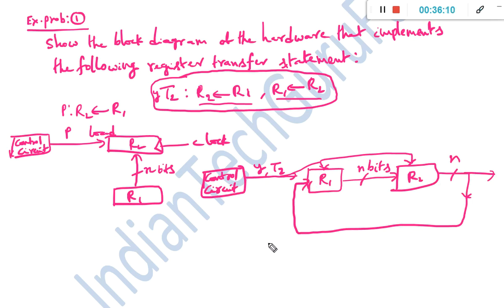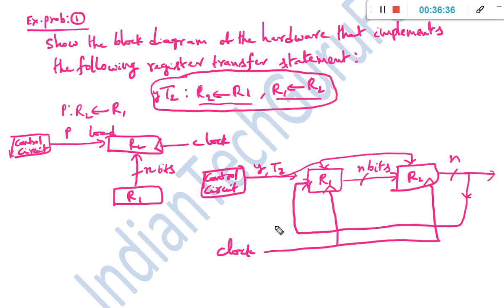and these operations must be controlled by a clock. In a single clock cycle we are going to perform these operations. So that is represented using the clock signal. Okay. So approximately we can draw a block diagram like this. If you can draw a better diagram, you can draw.